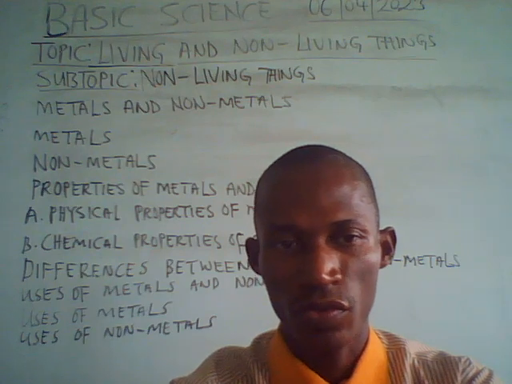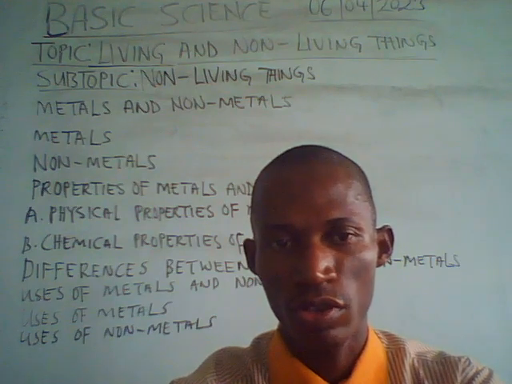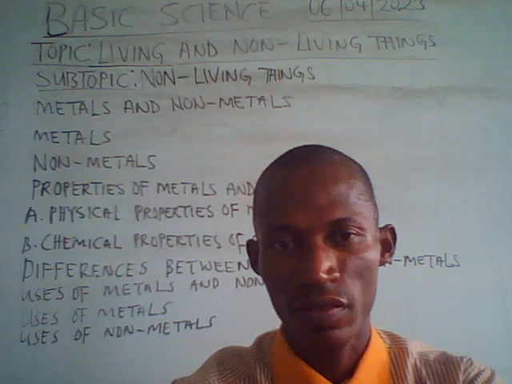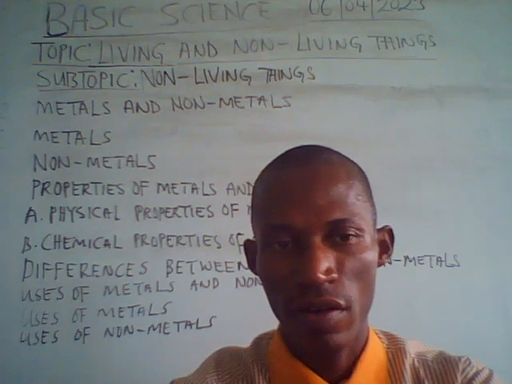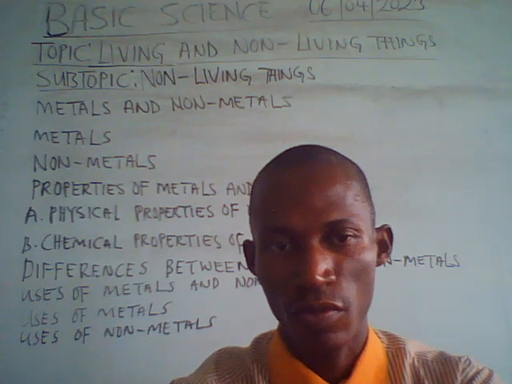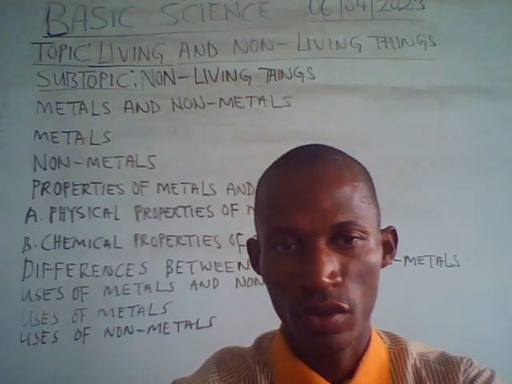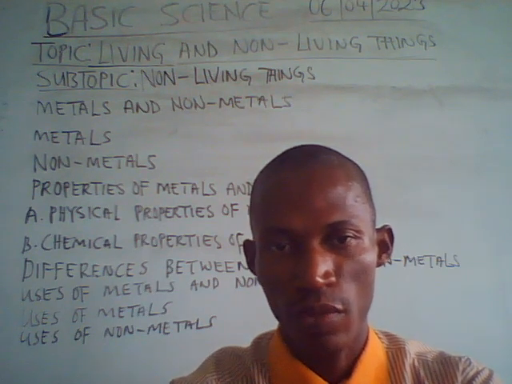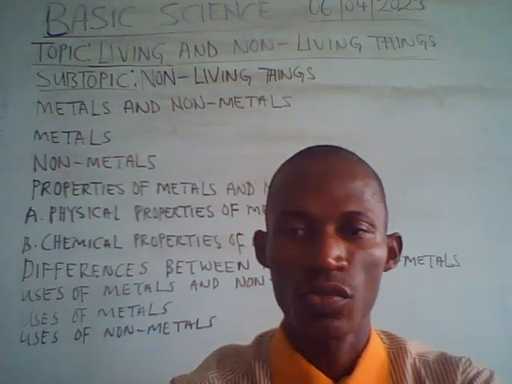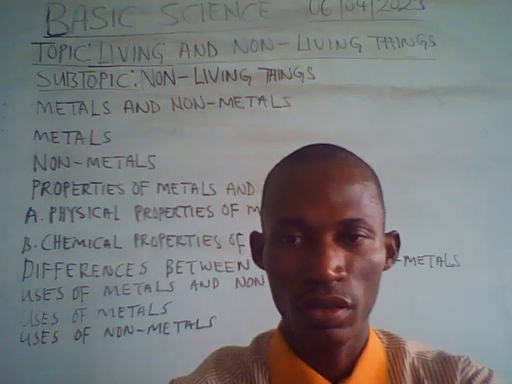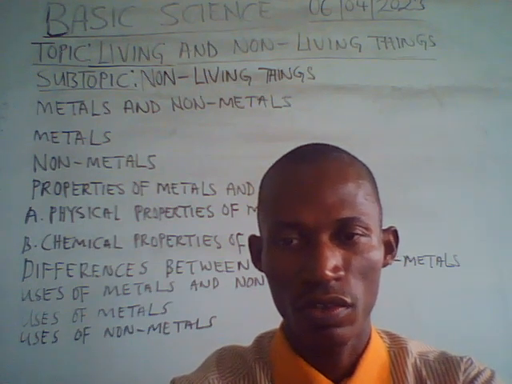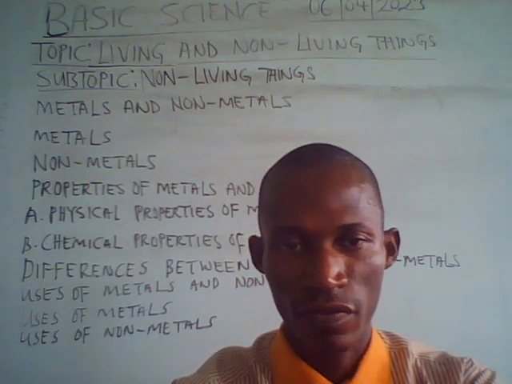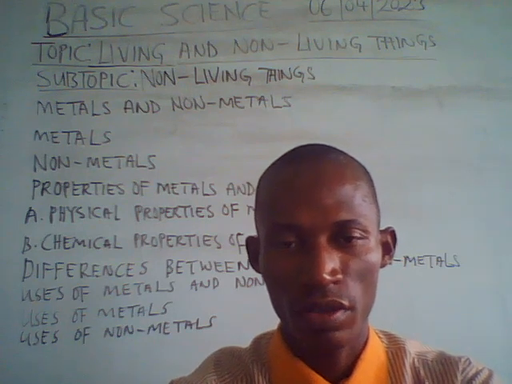Elements are pure substances which cannot be broken into two or more pure substances by any chemical means. All the elements are arranged in a table in the form of rows and columns. This table is called a periodic table. As we saw in our previous study, it was discovered by Dimitri Mendeleev. He constructed the periodic table.